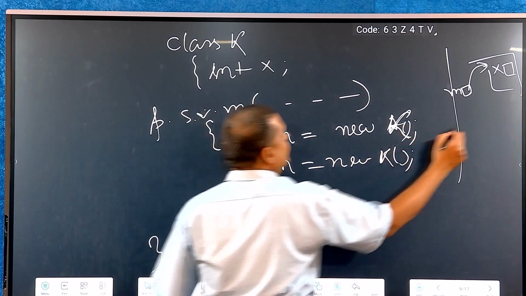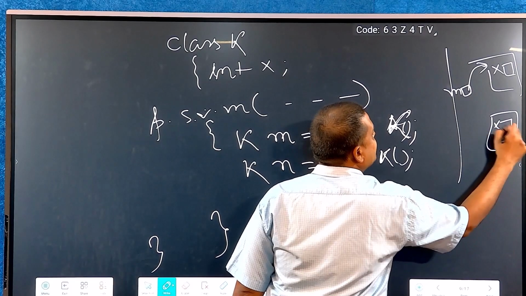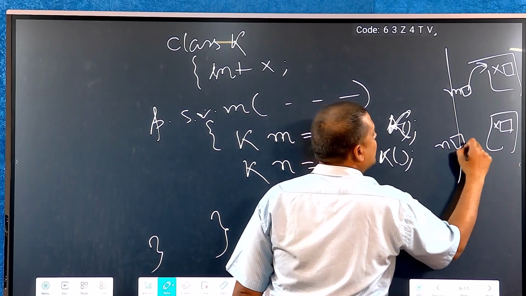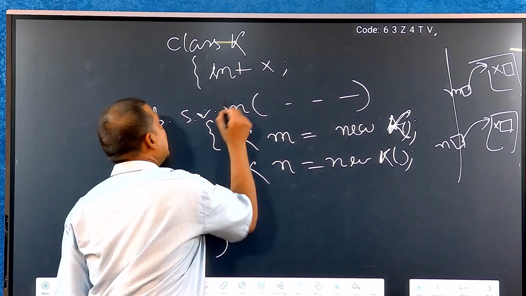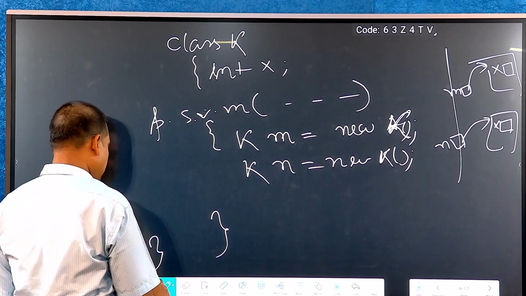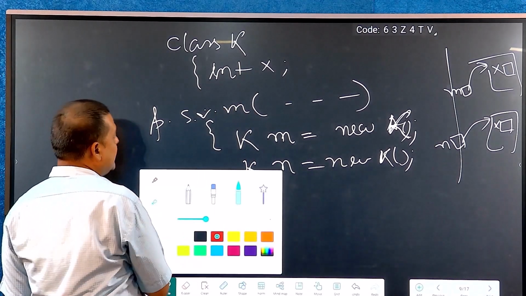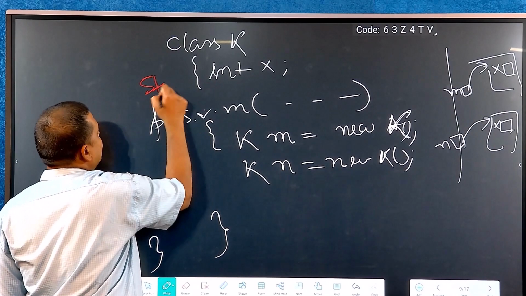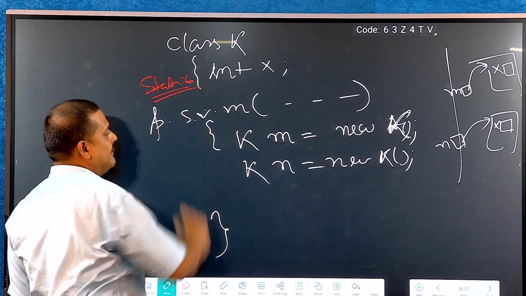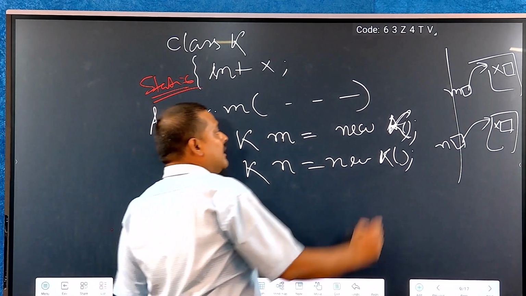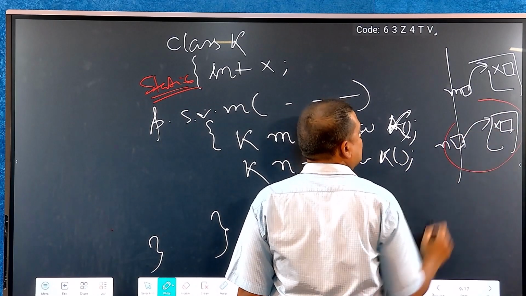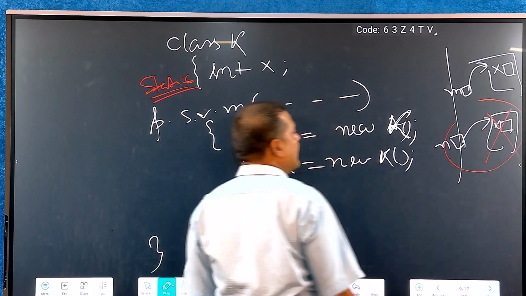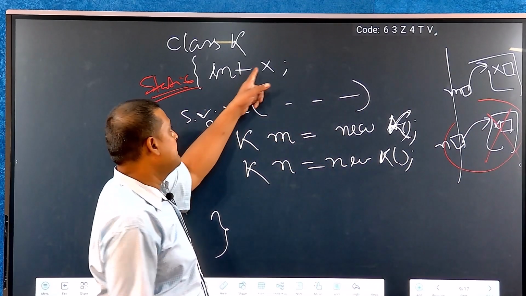then what will happen? Again another x will be allocated inside memory, and that will be accessed by help of n. But if this member is declared as static, then what will happen? Depending on different calls, this memory will not be allocated again, because this member x is static.